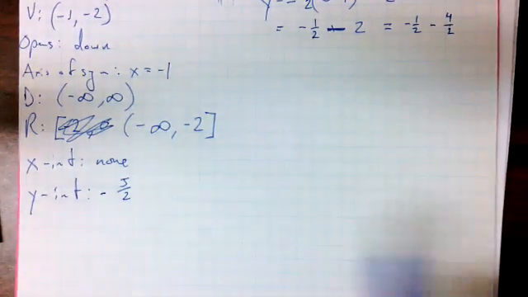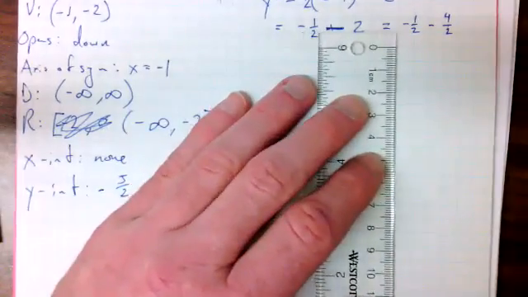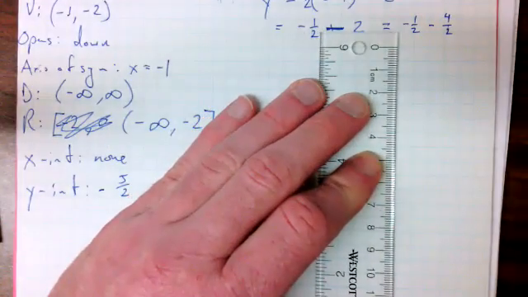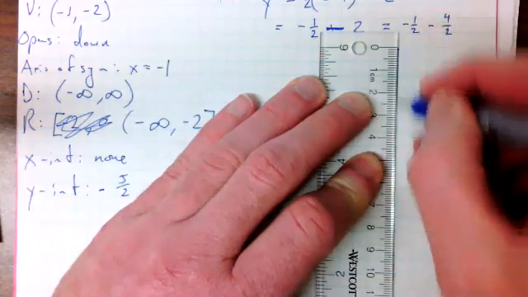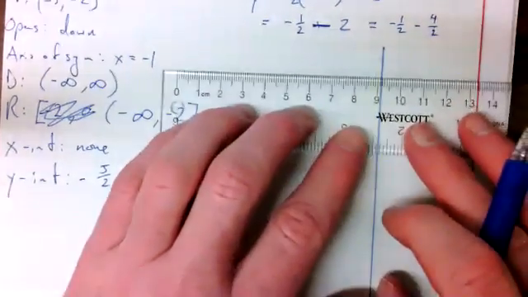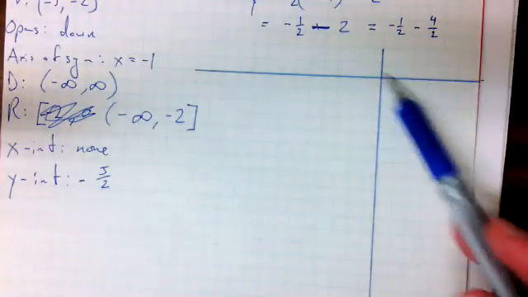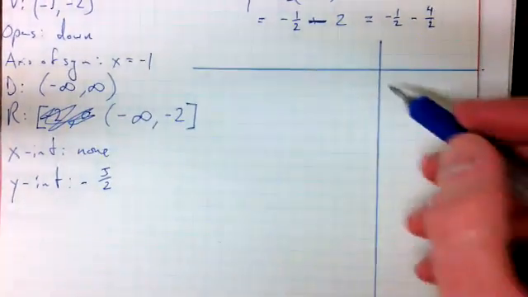So now we've got to graph this, and we have all this information. I should use a ruler. I'm going to cheat a little bit as to how I do my axes here, because I know it's going to be bottom left. So it's not in any of these three. That's why I didn't give a whole lot of space.